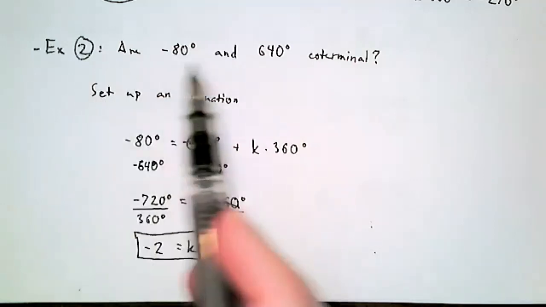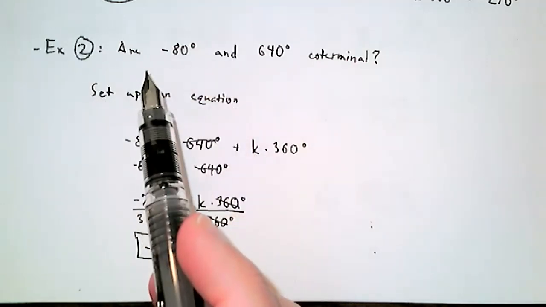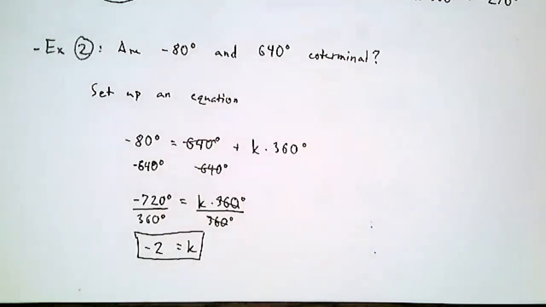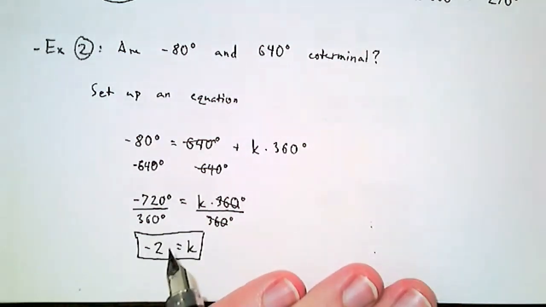What's the answer to the original question? Are minus 80 and 640 degrees coterminal? Anyone want to answer? Yes. Yes. So what we were looking for here was a whole number.